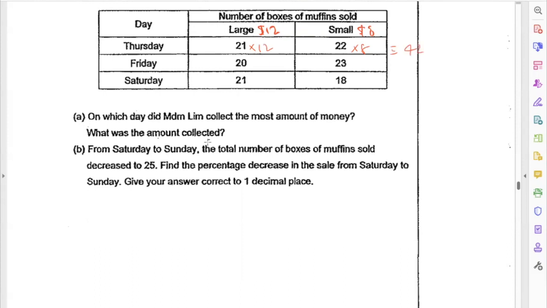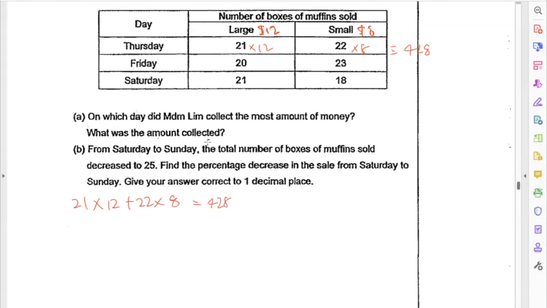You will get 428. You have to show the number statement. I'm not showing one number statement, but I'll just show you to complete: 21 times 12 plus 22 times 8. Then I'll get 428.